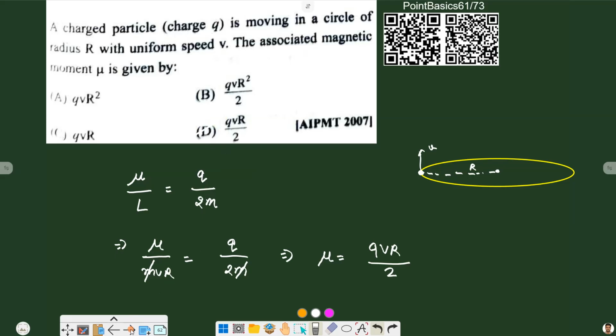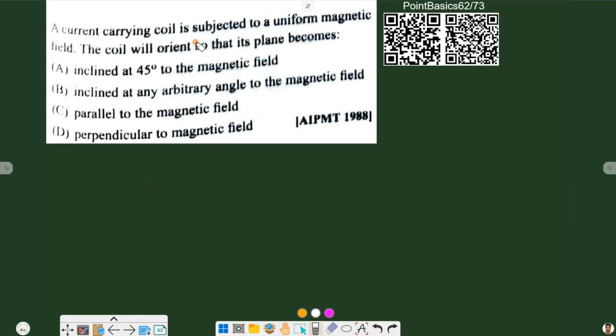Let's move to the next one. A current carrying coil is subjected to a uniform magnetic field. The coil will orient so that its plane becomes... Here it is asked how its plane will look with respect to the direction of the magnetic field.